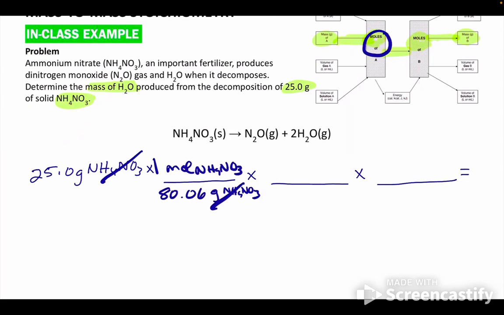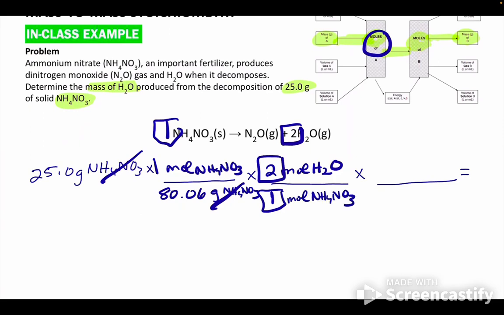Now I'm ready to do that mole step, and I'm going to use 2 moles of water because I'm trying to convert over to the water for every 1 mole of ammonium nitrate. And then I'm right here. Now I'm going to use the molar mass of water, which is 18.02 for 1 mole of water.